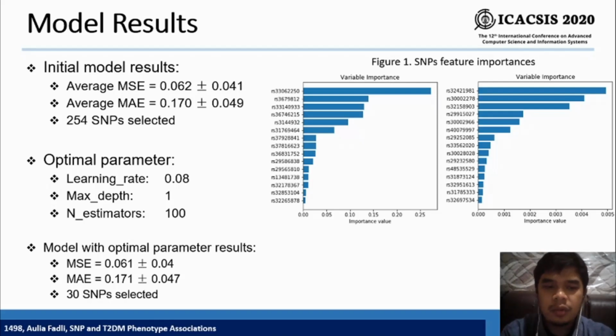This model produces an average MSE of 0.061 with standard deviation of 0.04, and MAE of 0.171 with standard deviation of 0.047. This model also yields 30 SNPs, which is much less than the first model. The feature importance values of these 30 SNPs can be seen in figure 1. We use these 30 SNPs to do association analysis.